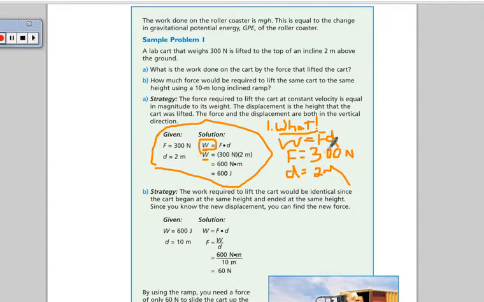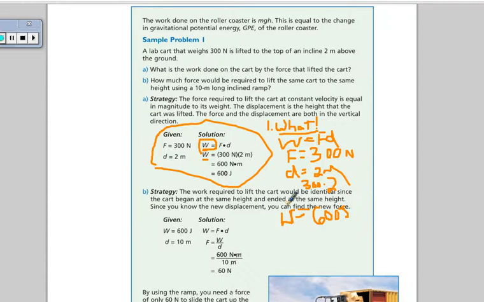So if we get force times distance, we get 300 times 2. So all we have to do now is work equals 600. All we have to do is put a little J after that. Okay, 600 joules.